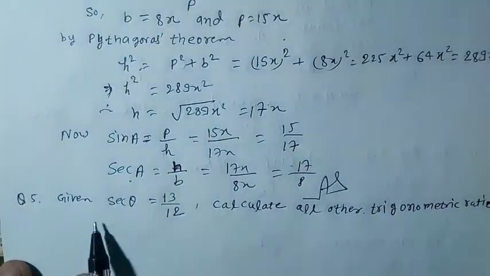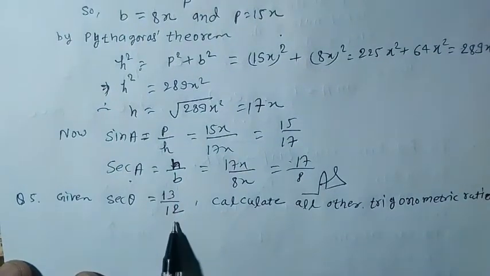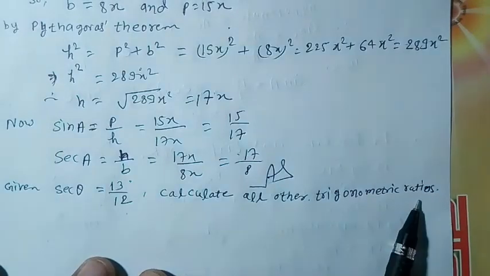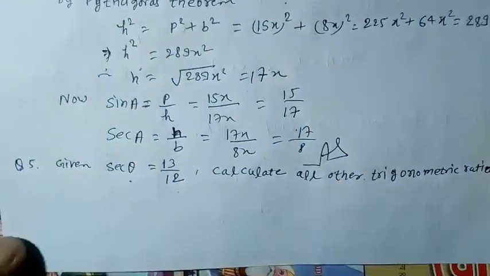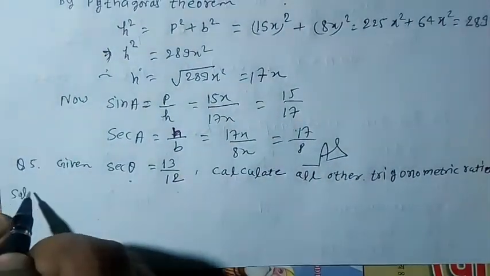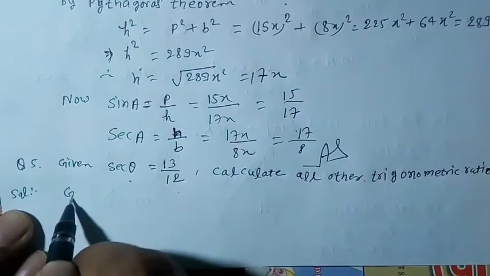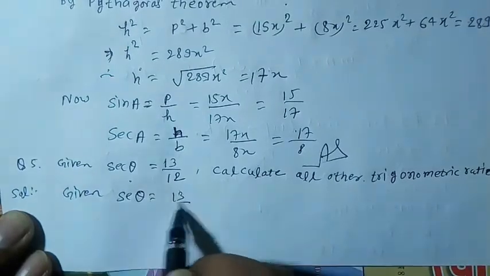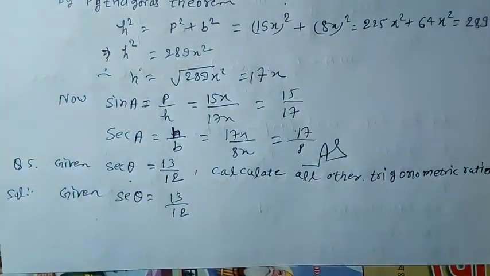Question number 5. Given sec theta is equal to 13 by 12. Calculate all other trigonometric ratios. Solution. Given sec theta is equal to 13 by 12.